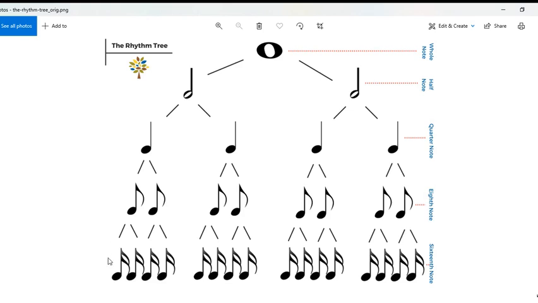So there are 4 16th notes on one beat. So they have to happen very fast, okay? 1 E and a, 2 E and a, 3 E and a, 4 E and a. And remember with the Note Knacks, it's that fun orange color, and they like to say terracotta, terracotta, terracotta, terracotta.